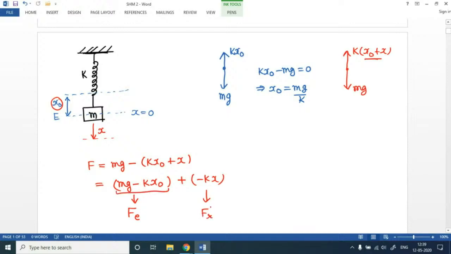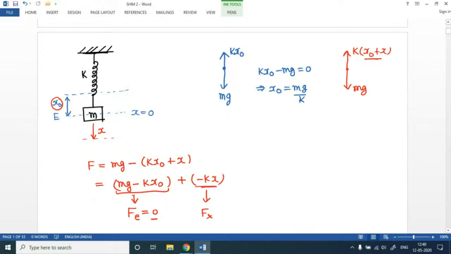The equilibrium force, mg minus kx naught, was the force acting on the system when it was in equilibrium, so its vector sum will be equal to 0. That is why we are naming it the equilibrium force. And the restoring force, or rather the change in force, would be this minus kx term only.